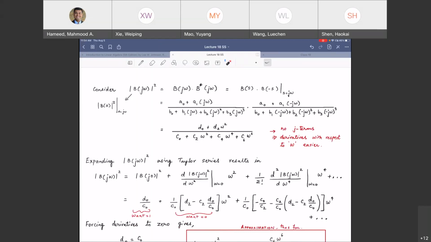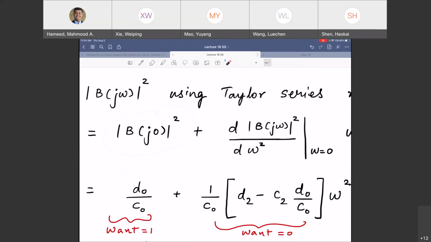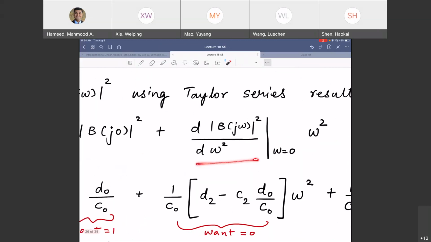So now let's put it in the Taylor series. We are expanding the function, the magnitude of B of omega squared, right? We are expanding this using Taylor series at omega equals 0. So what do you have? The function at 0. The first derivative of the function at 0 times omega squared, right?